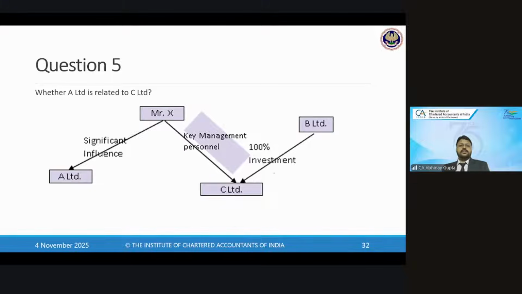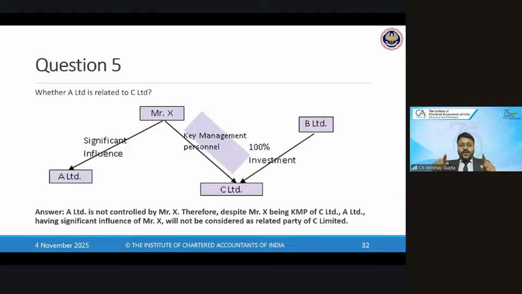What is your answer in this case? Now it will change, sir, because it has a significant influence. Right. Now, in this case, what is happening? Neither Mr. X is controlling or joint controlling A, nor is Mr. X controlling or joint controlling C. So nowhere does control or joint control exist at both the places.